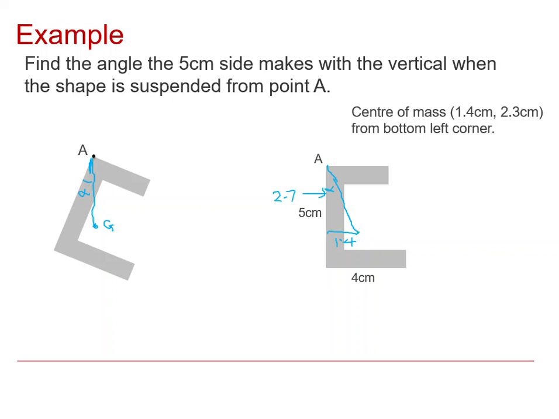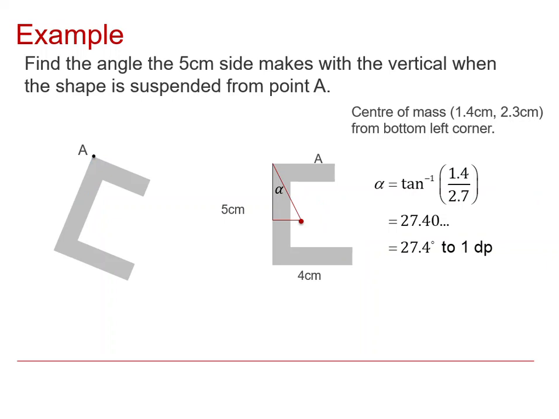So our angle alpha will have tangent 1.4 divided by 2.7, and that now is the point to reach for the calculator. So there we are, and we get 27.4 degrees, rounded to 27.4. So now we can answer the question. It makes an angle of 27.4 degrees with that vertical edge.